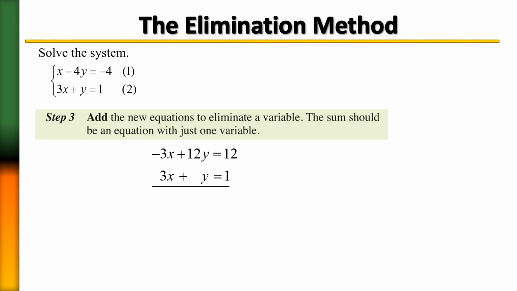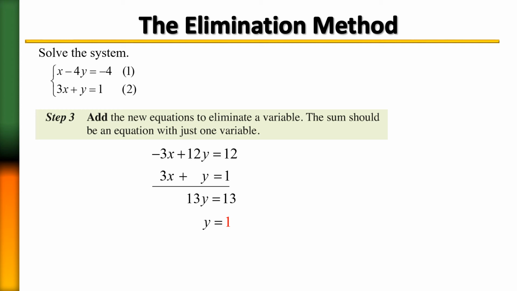So that's going to leave us with 13y on the left side, and on the right side, when we add the constants, we also get 13. So 13y equals 13. Last step to solving this equation is to divide by 13, and y equals 1. So we have our solution of y is 1.